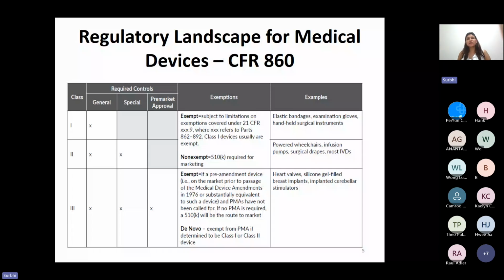Then the third, relatively new pathway is the de novo pathway. De novo is where, if you don't have a predicate device and FDA rejects your 510K, then your device can be reclassified from class 3 to class 2, which is a lower risk class. That's basically the use of de novo.